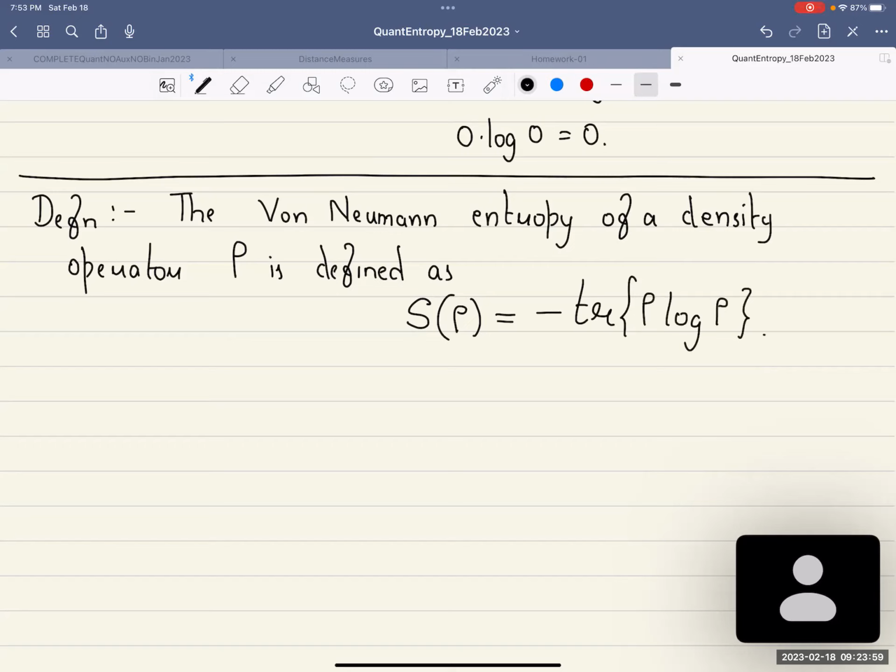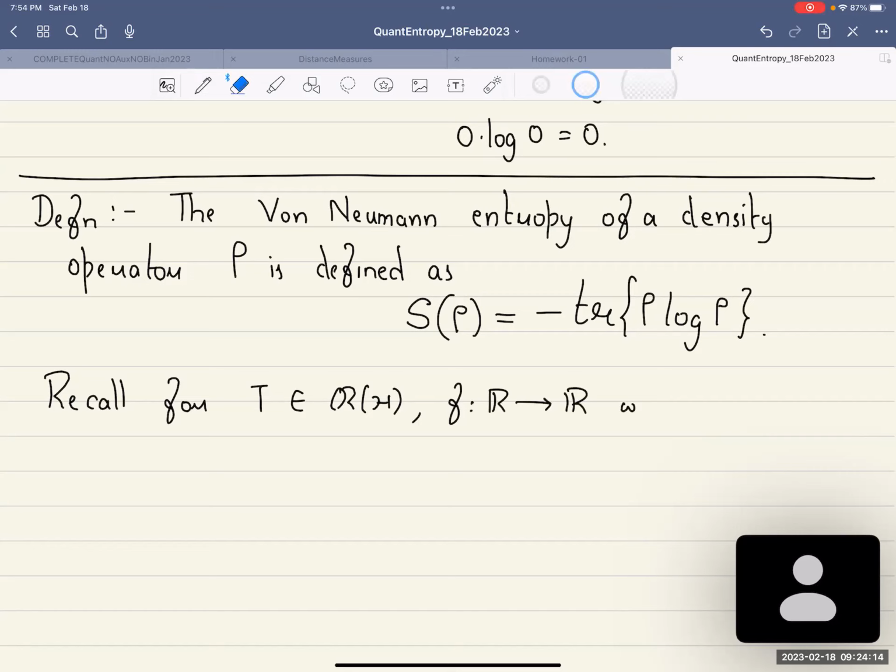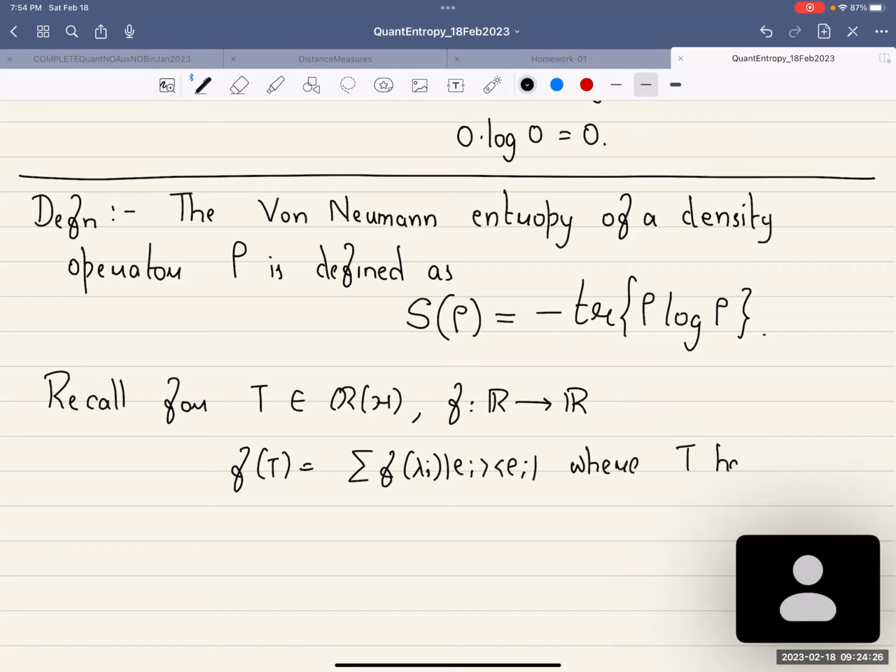Okay, recall: for T, a Hermitian self-adjoint operator, and f from R to R, f of T is the summation of f of lambda_i E_i, where T has a spectral decomposition T equal to summation lambda_i E_i. Just recall.